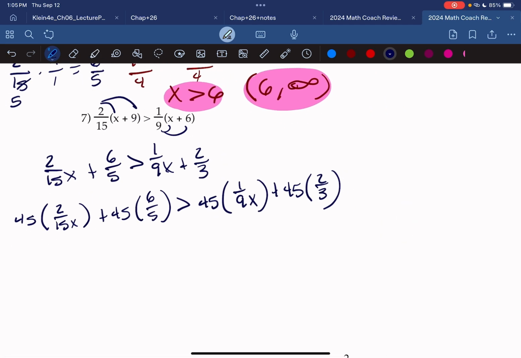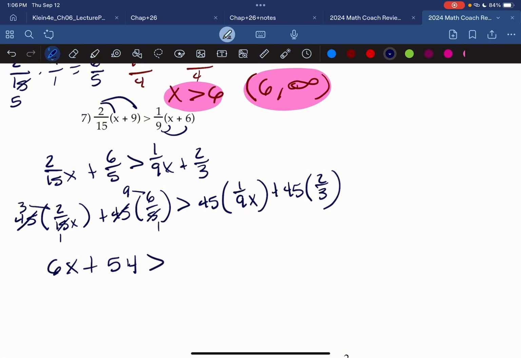Okay, so can we simplify this? Yes. So 15 divided by 15 is 1. 45 divided by 15 is 3. 3 times 2 is 6, so 6x plus 5 divided by 5 is 1. 45 divided by 5 is 9, and 9 times 6 is 54.